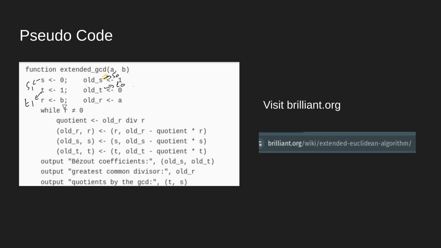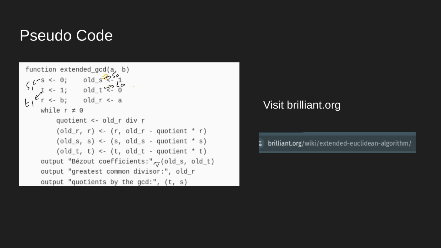Now in this particular first step, we are going to divide with B, get the remainder, and update it. So we will divide the current R with the old R, like the previous step. And similarly, we update all the variables with respect to the equations that we derived in the previous steps.